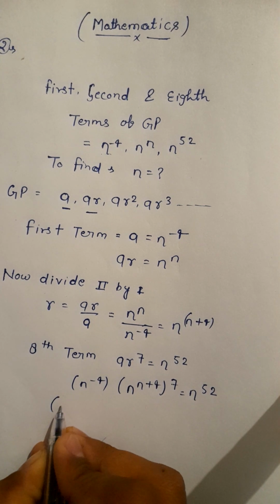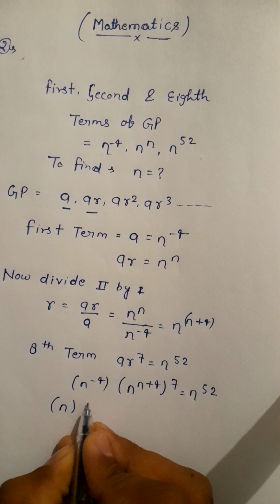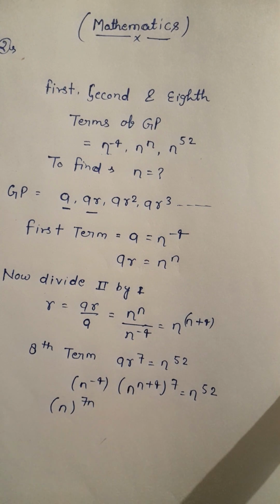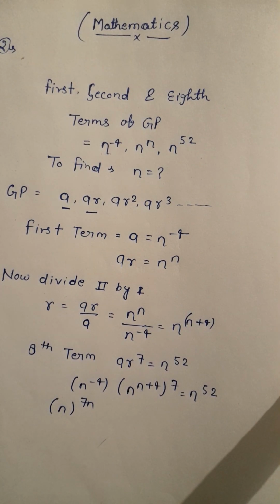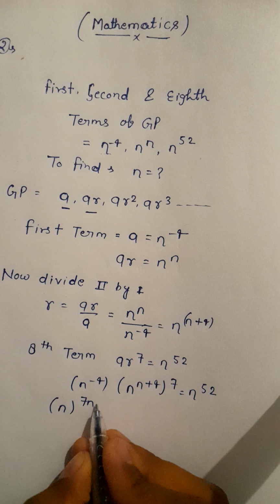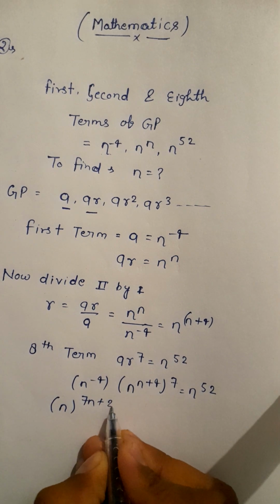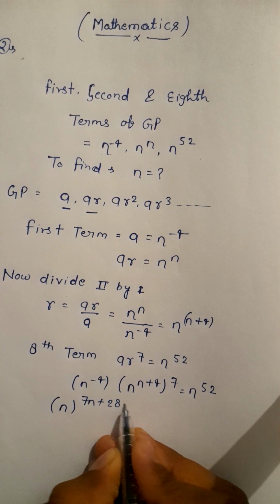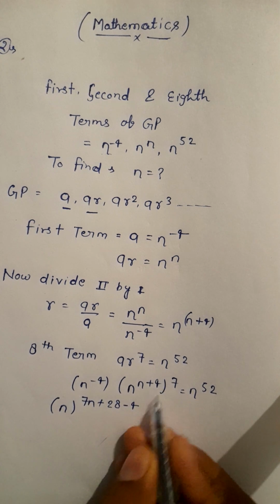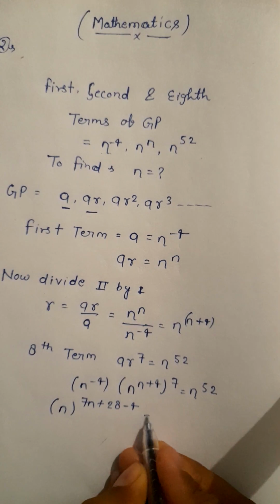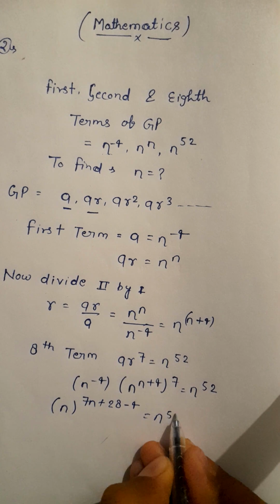So it will be n to power 7n plus 24. 7 times 4 is 28, minus 4, so positive 24, that is equal to n to power 52.